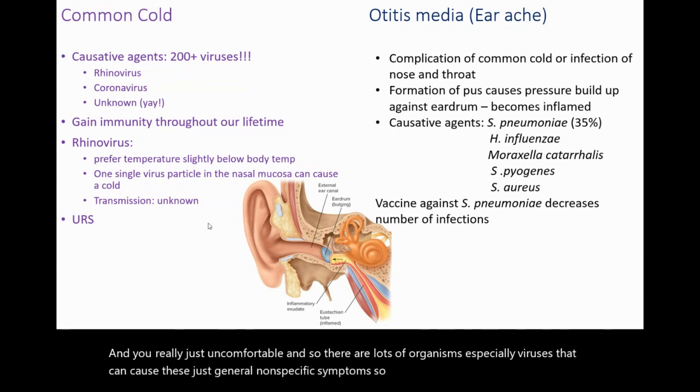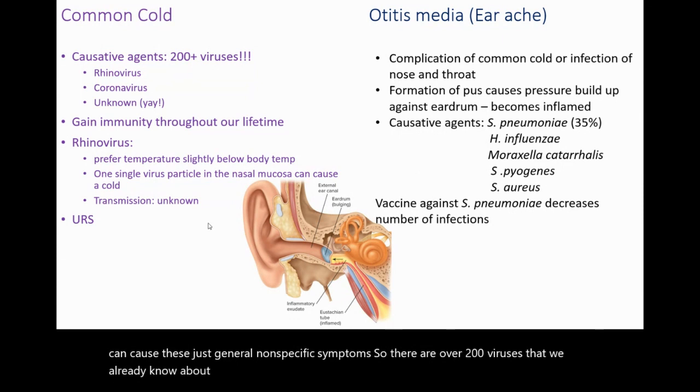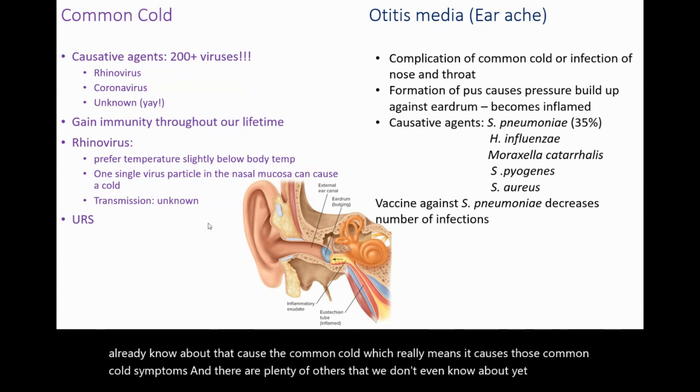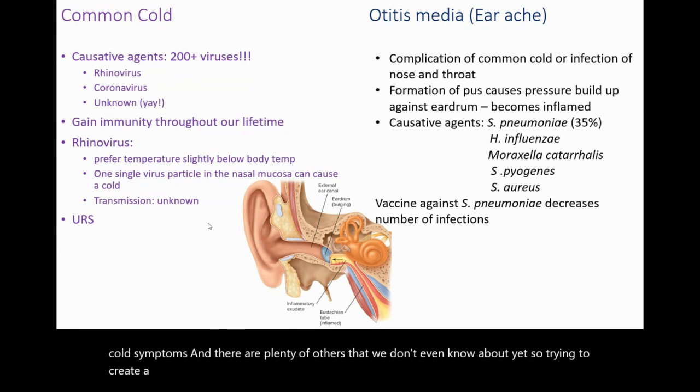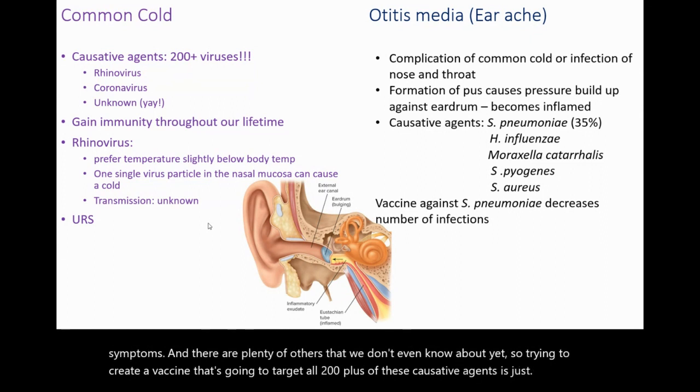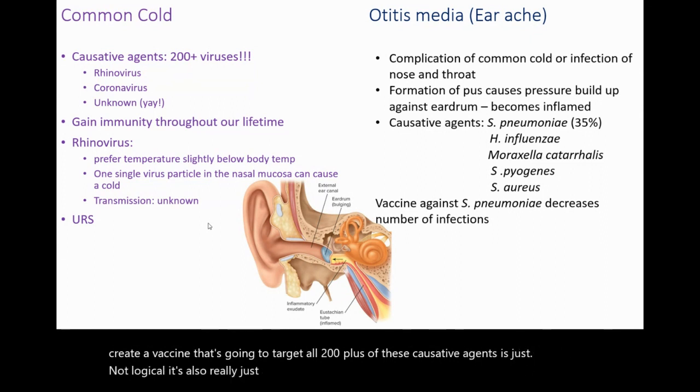There are over 200 viruses that we already know about that cause the common cold, which really means they cause those common cold symptoms. And there are plenty of others that we don't even know about yet. So trying to create a vaccine that's going to target all 200 plus of these causative agents is just not logical. It's also really just not necessary because, again, you tend to just be uncomfortable when you have a cold.